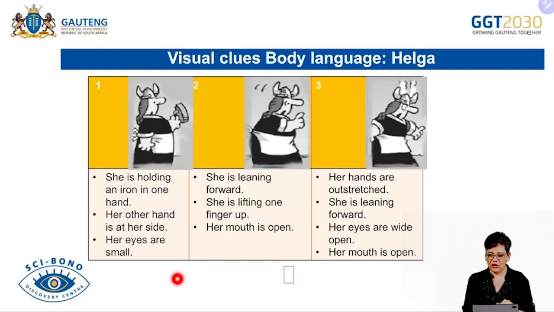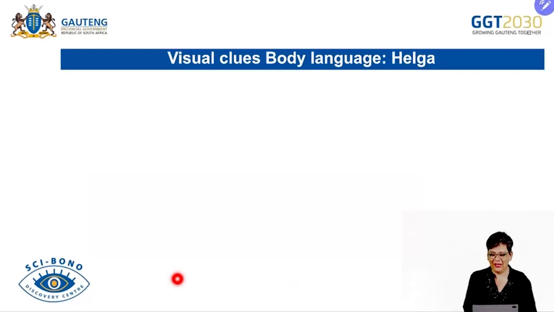But now in frame 2, she's leaning forward. She's lifted one finger and her mouth is open. But look at frame 3. Now her hands are outstretched. She's leaning forward. Her eyes are wide open. Her mouth is open. Can you see the progression that's taking place? Can you see how I focus on the eyes, the mouth, the hands, the posture? The only thing I'm busy doing here is literally analyzing every little frame quickly.